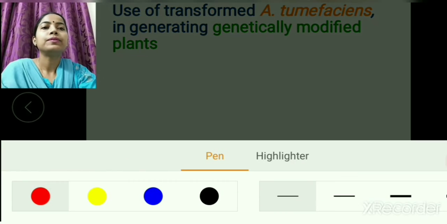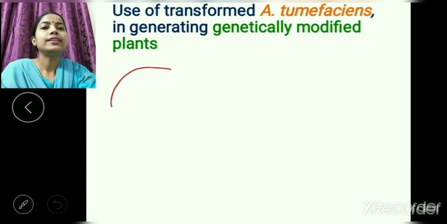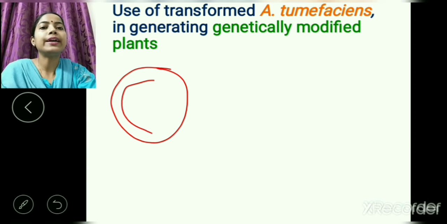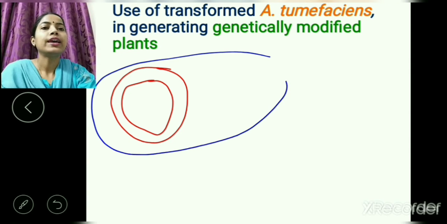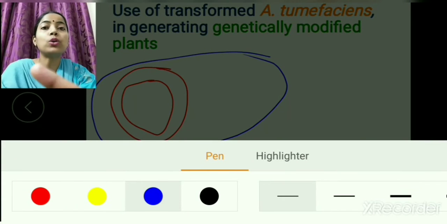Now we have created this recombinant Ti plasmid carrying Agrobacterium tumefaciens bacteria, that is the modified one, the transformed one, which is carrying the Ti plasmid, not the original but the recombinant Ti plasmid.